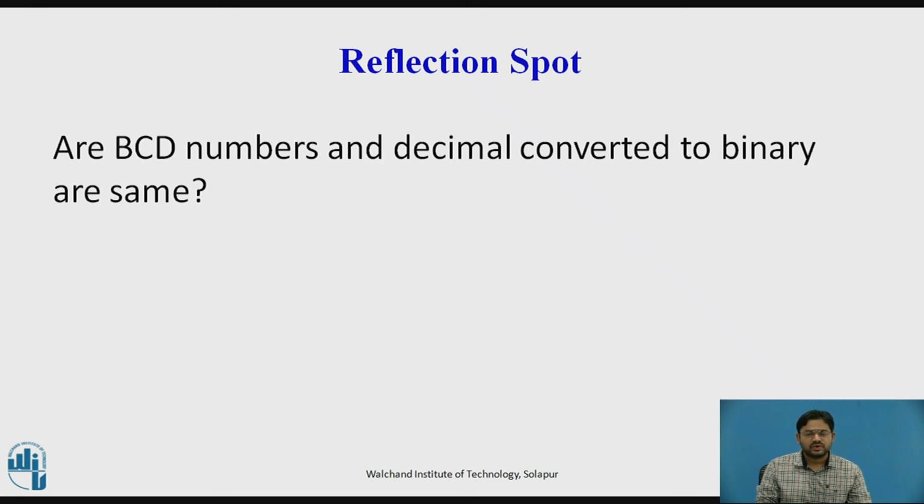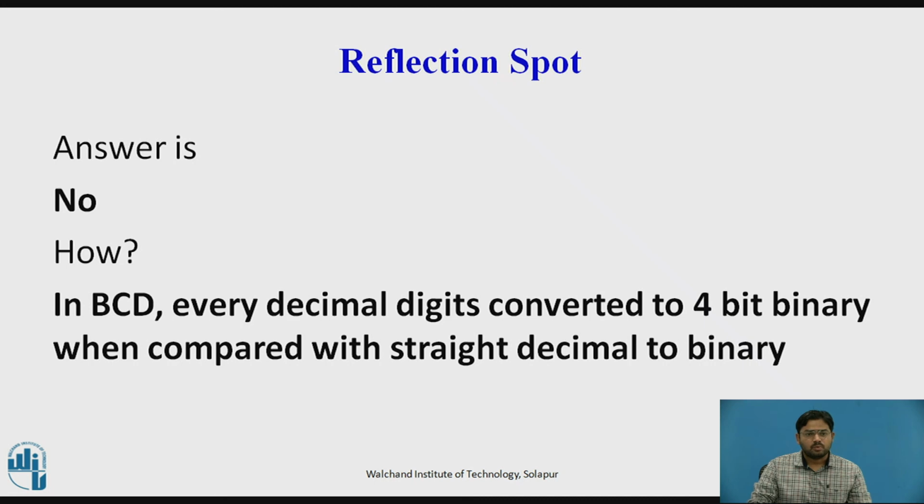You can pause this video and answer yes or no. If it is yes, you can give your reasoning for that. So no, because in binary coded decimal every decimal digit is converted into 4-bit binary, as compared to the straight decimal to binary conversion. That's why binary coded decimal is different from the straight binary conversion.